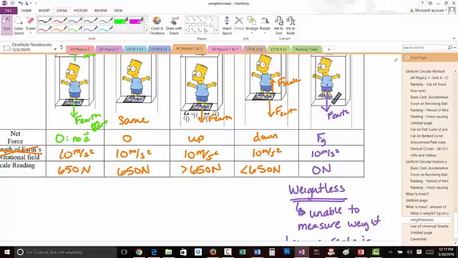Isn't it the same thing for the accelerating down? That's what I was going to say. No, because he's not accelerating down fast enough. So he's accelerating down, but if you're not accelerating down at 9.8 meters per second squared, there's still going to be a force up. Well, isn't the scale accelerating down at the same rate?